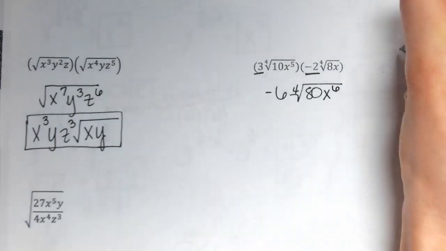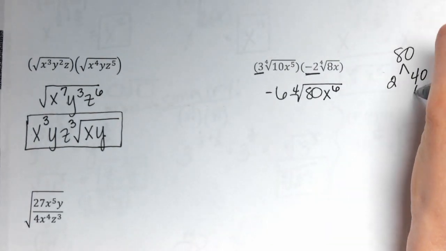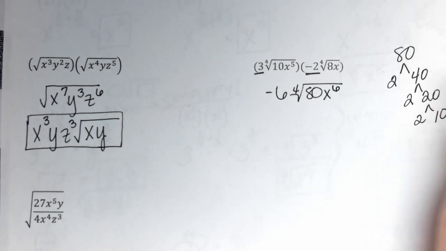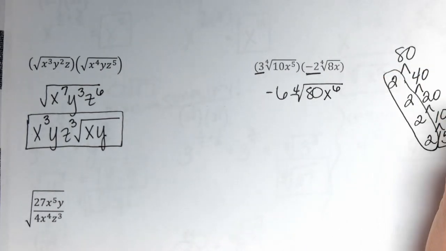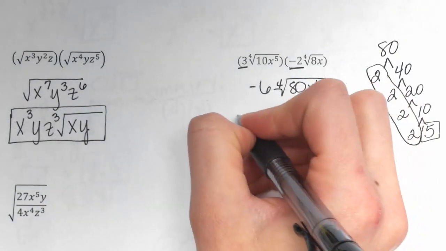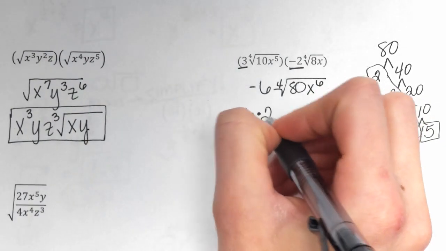Then I break down my 80. 2 and 40, 2 and 20, 2 and 10, 2 and 5. I need 4, so I'm left with a 5. So negative 6 times the 2.